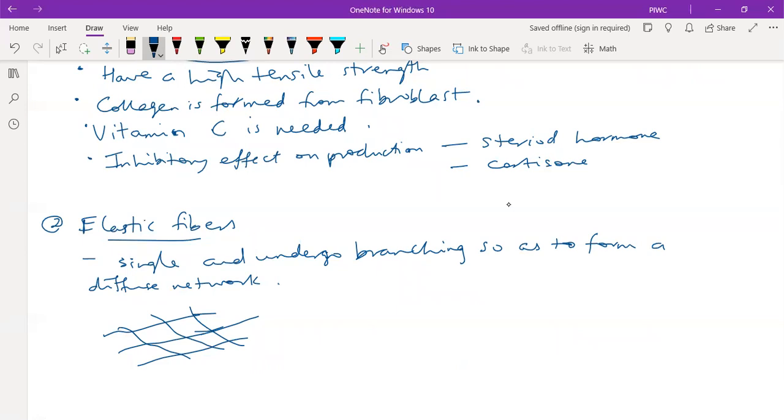So they have to maintain stretch due to tissue pressure.